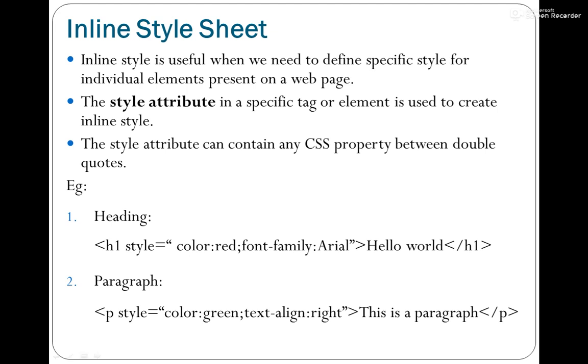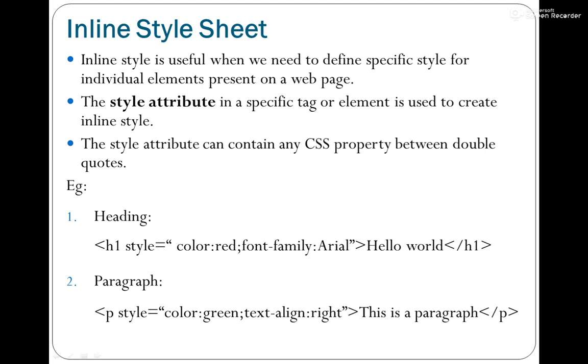So if I am using this styling, color has the value red and font family has the value Arial. So this hello world which is enclosed in h1 will be displayed with a red color. Obviously it will have h1 heading size, it will have a red color, and it will have the font Arial. Agree?